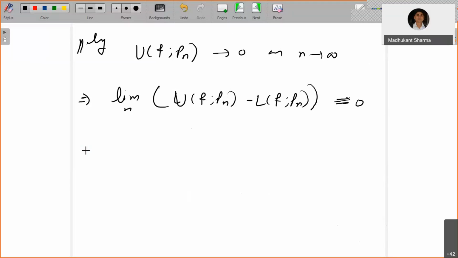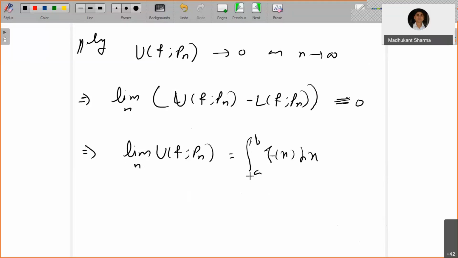Okay, so this implies that the limit of U of f, P_n is nothing but the integral from a to b of f of x dx, and here a to b is minus 1 to plus 1, and that is equal to 0, just as we have shown. And we also know that the analytical result is also 0.